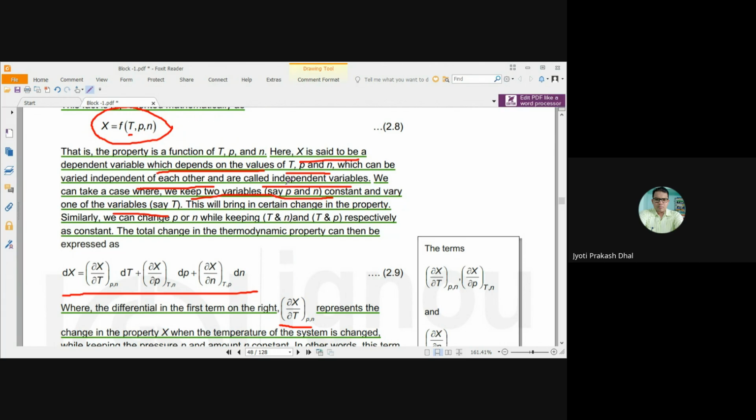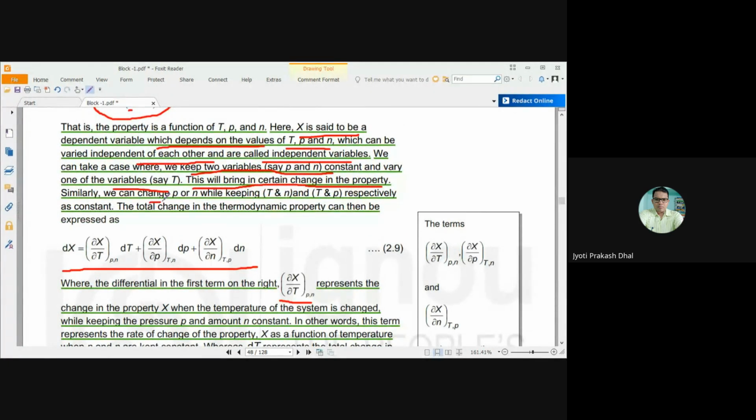We can change the value of X fractionally if we change any one variable. So here we keep pressure and number of moles constant and vary temperature. This will bring a change in the extensive thermodynamic property.